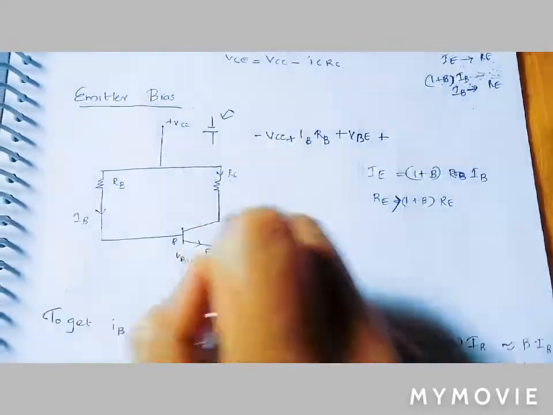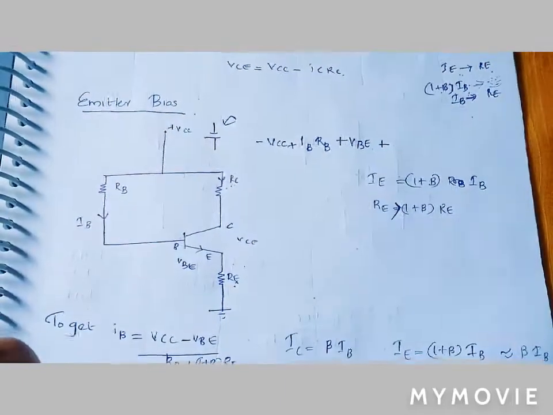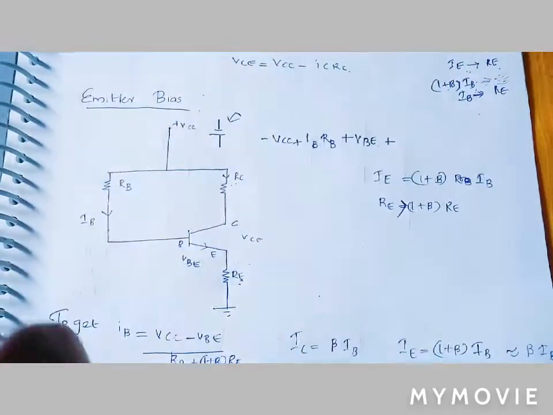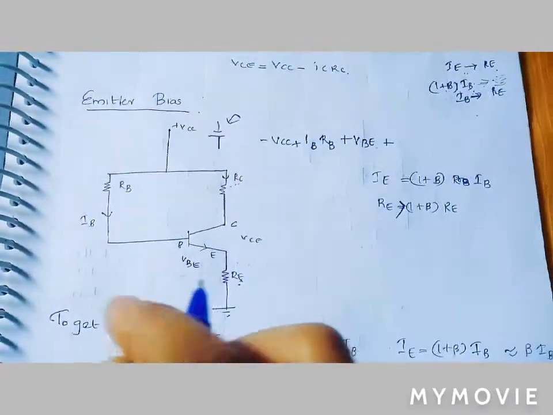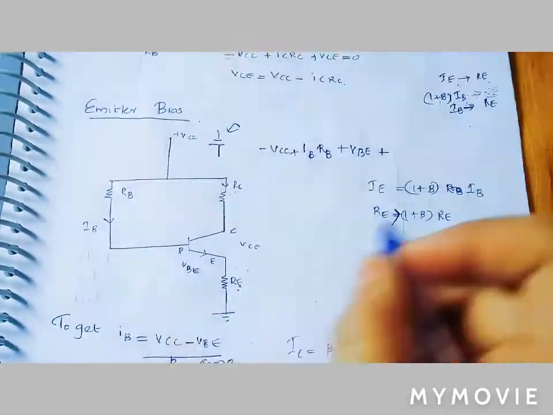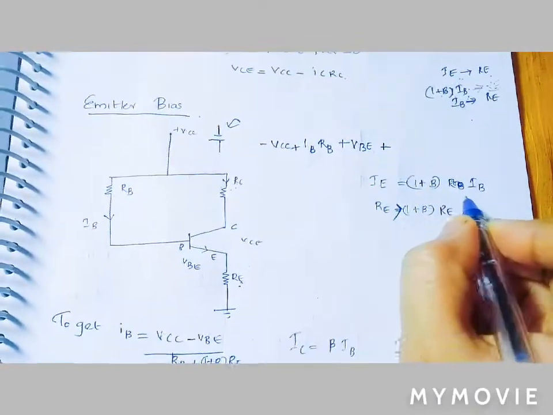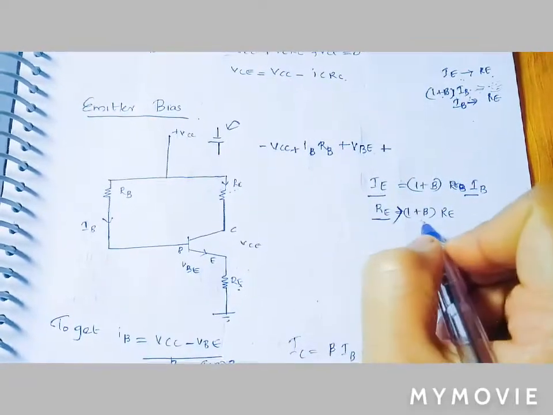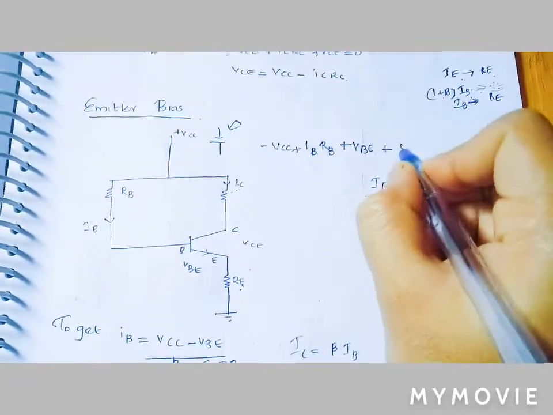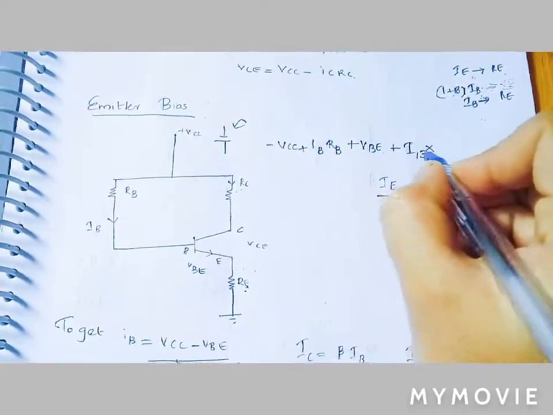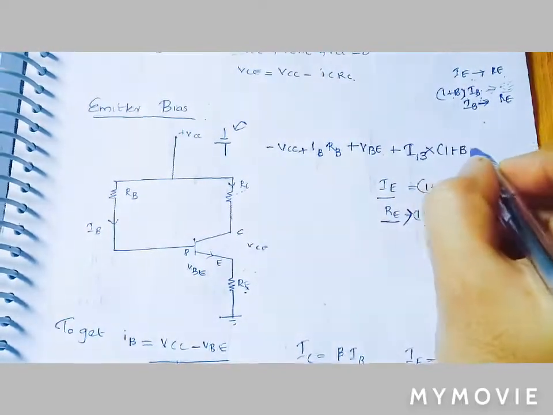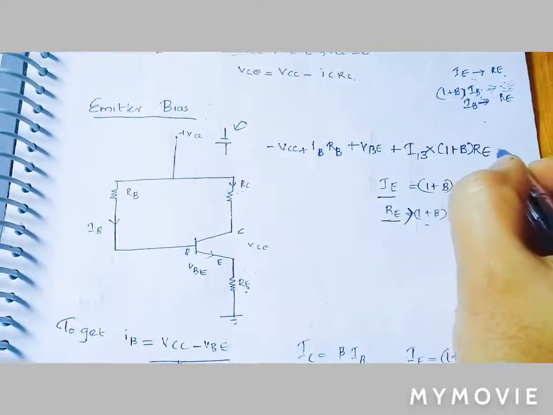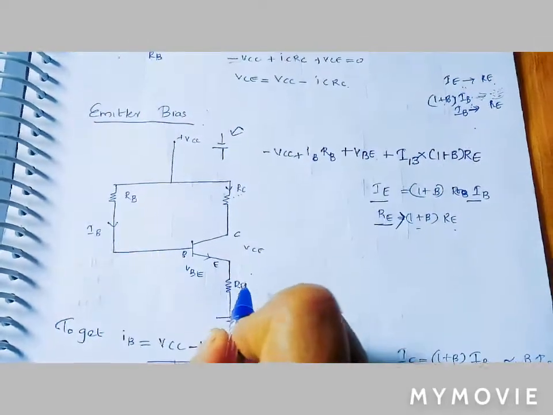But we know that in a loop there is only one current, so we assume only one current in the loop, that is, we change the IE as IB, so we change the RE as 1 plus beta RE. So IB into 1 plus beta RE is the potential difference along this resistance.